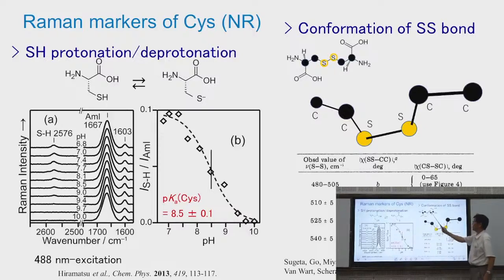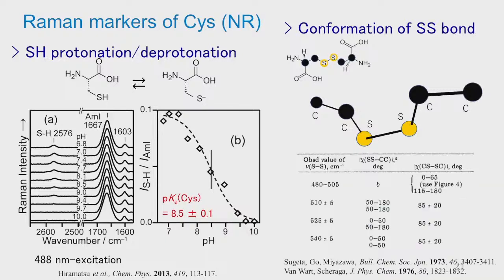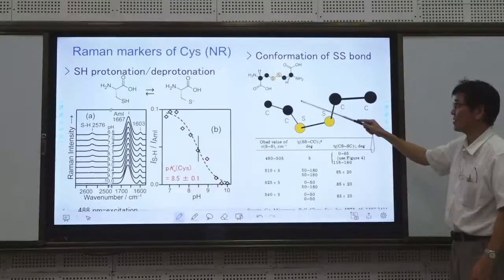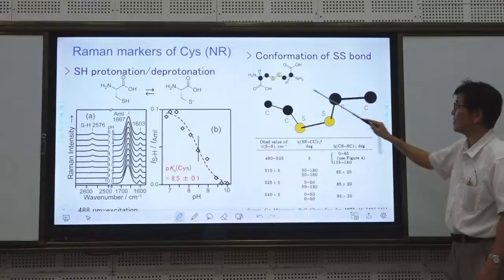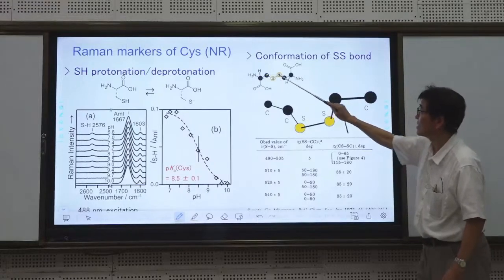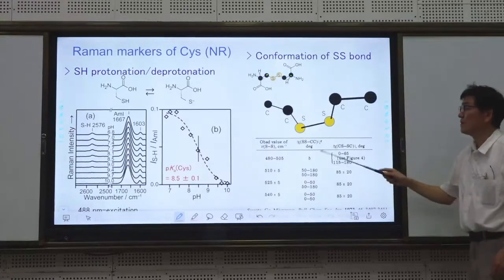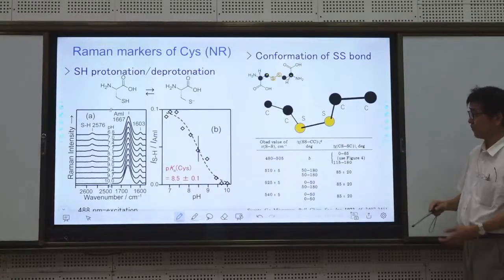When SH forms the SS bridge, it gives a peak of the SS stretch near 500 wave numbers. Depending on the conformation of the CCSSCC, the peak position is different.